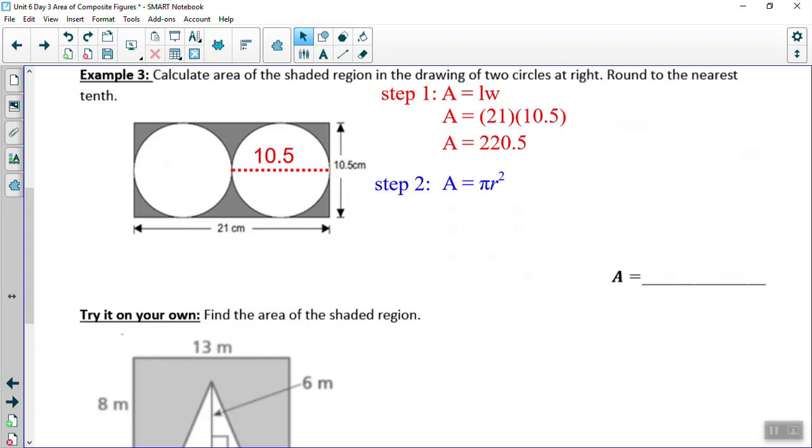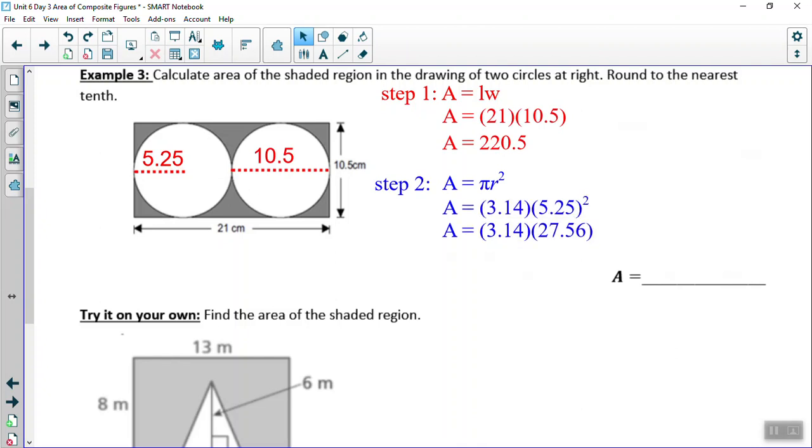They're going to be the same. But I don't want the diameter, I want the radius. So my radius is that halfway point. So it's going to be 5.25. So this is the number we're going to use over here in our formula.